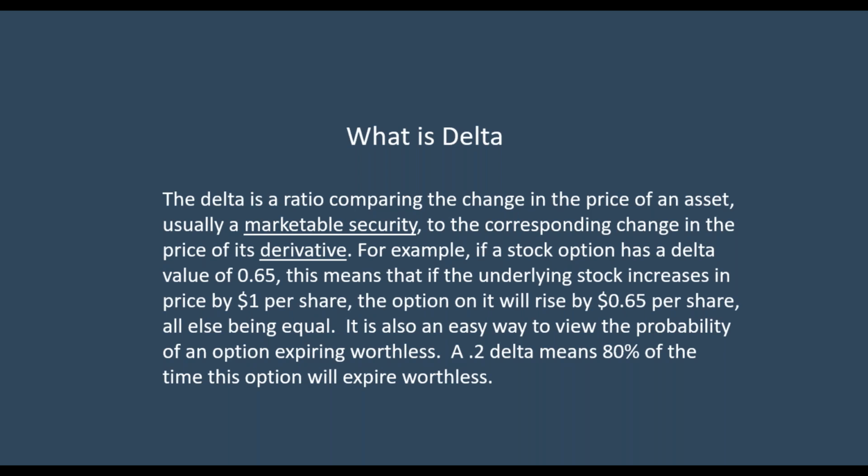Delta is a ratio comparing the change in the price of the stock to the corresponding change in the price of the option. For example, if a stock option has a delta value of 0.65, this means that when the underlying stock increases $1 per share, the option will rise by 65 cents per share.